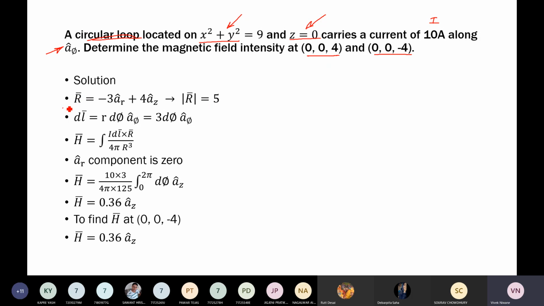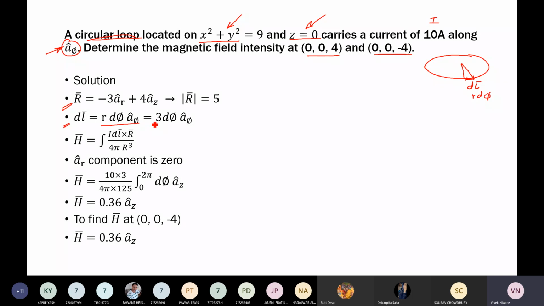So we have r bar from the source to the destination. Then we have dl bar. How are we going to decide dl bar? It is r d phi a phi cap. Why have we chosen this? Because we are given a circle, and this dl is nothing but the length of the arc, so it becomes r d phi, and the direction given is a phi cap.